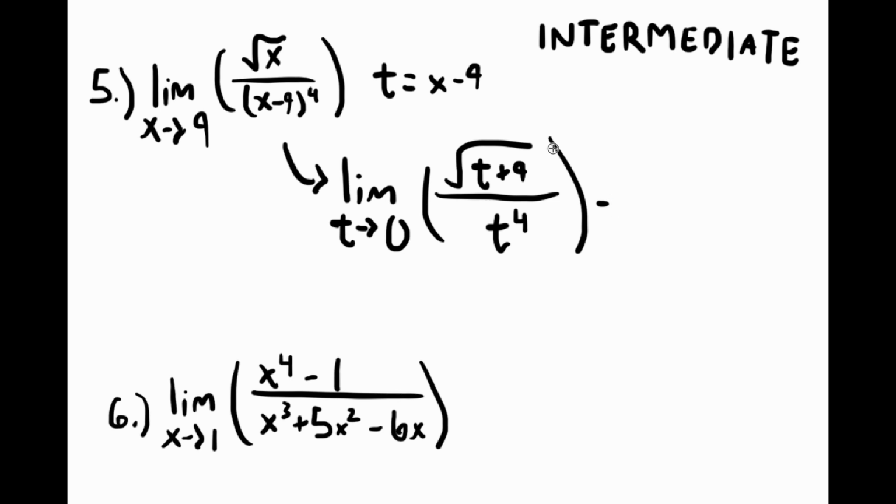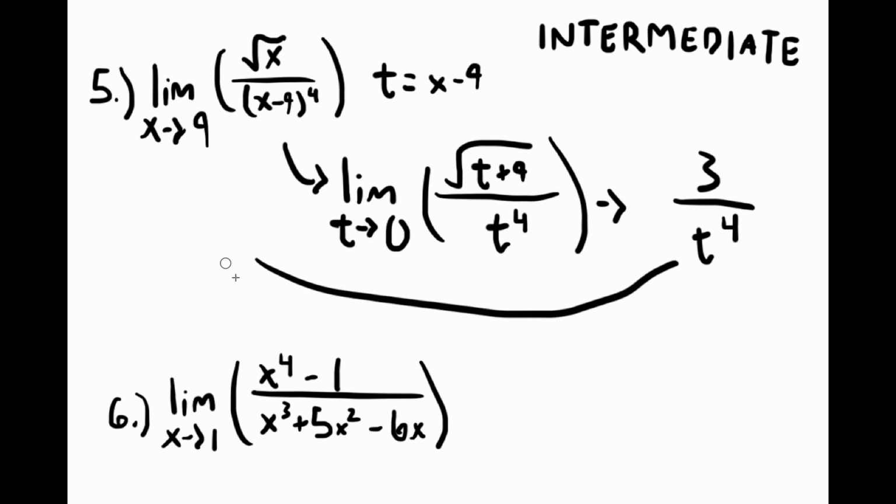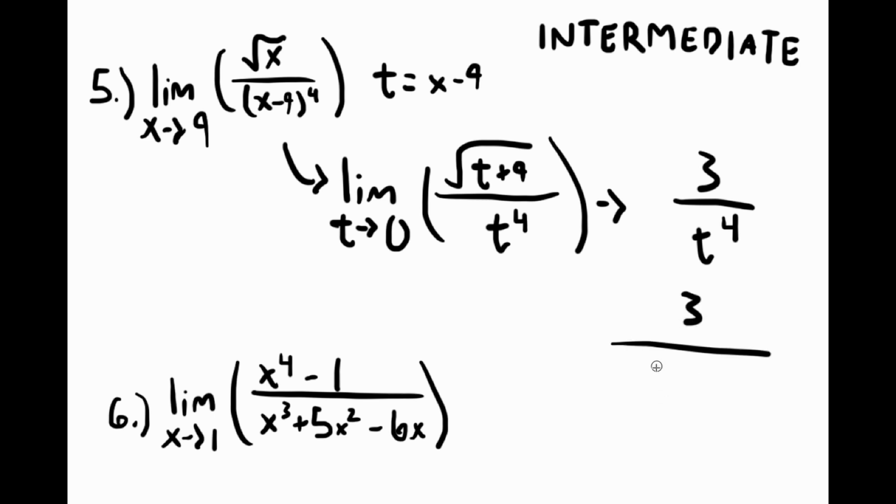Now we're going to plug in 0, but only for the numerator. So it's going to be square root of 9, or 3, over t to the 4th. And as we said before, this is as t approaches 0. So what this would look like is basically 3 over 0.